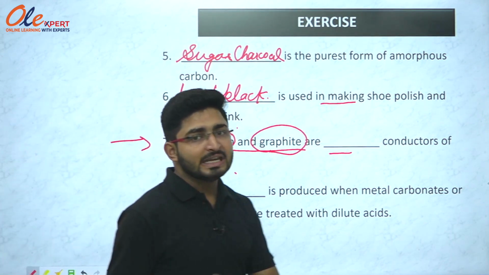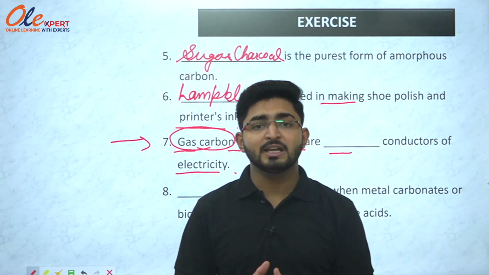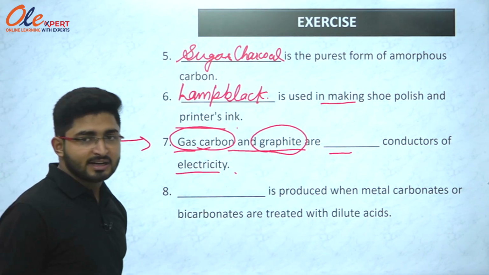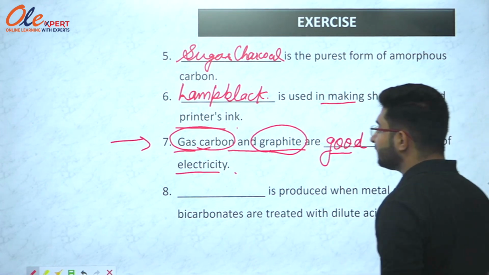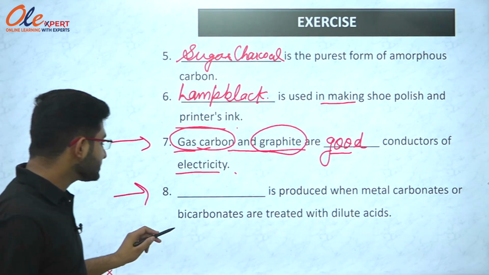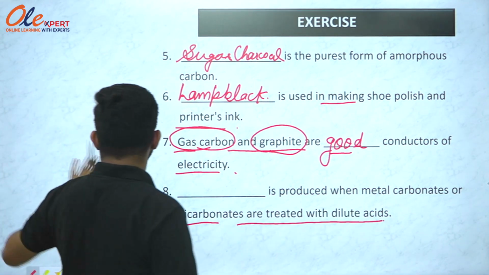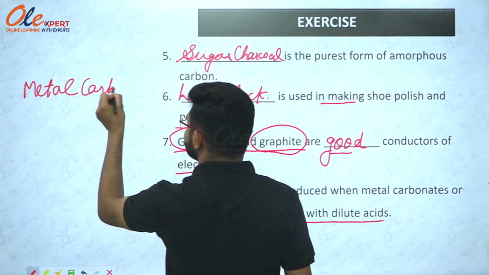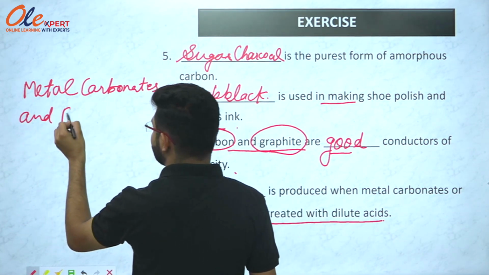Because they have free electrons present in them, and the conduction of electricity is only possible when we have free electrons in the substance. So you have to write here good conductors of electricity. The next part says that dash is produced when metal carbonates or bicarbonates are treated with dilute acids. So firstly we have to understand what metal carbonates and bicarbonates are.